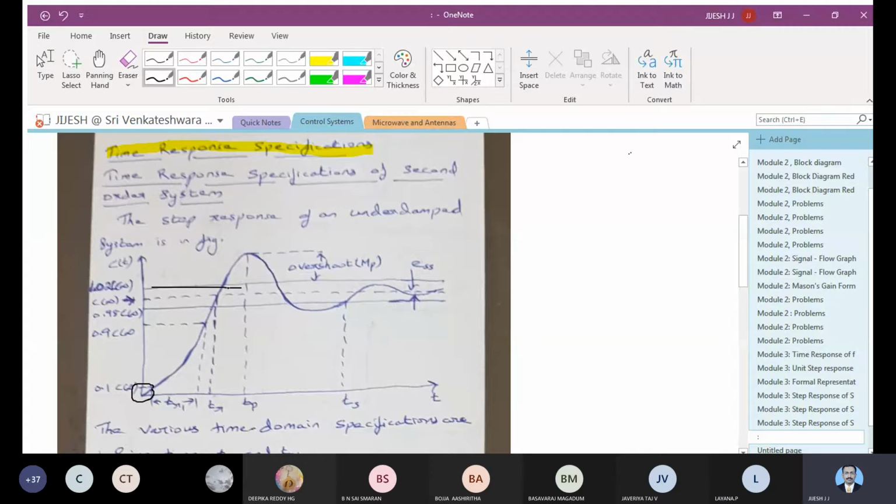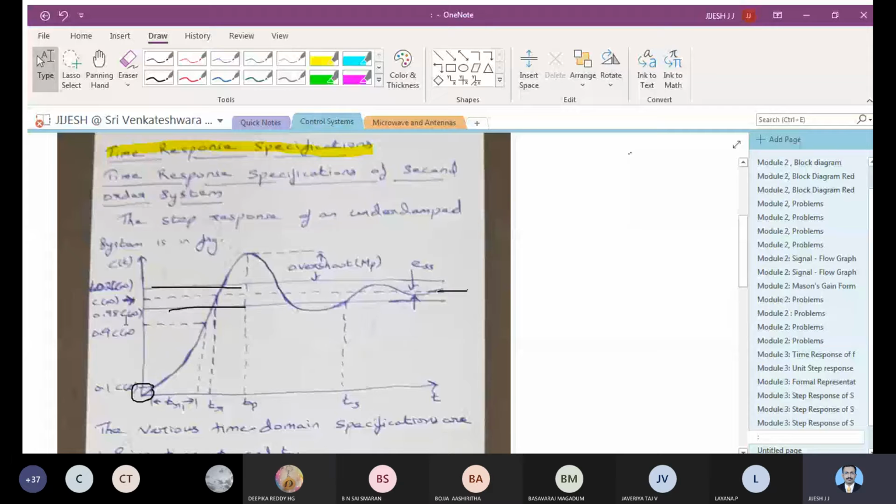You have also studied in first order system that the response going till 90 means 90% of the final value and all those things. So we have specifically drawn a few things like 90%. Here it is 98%.